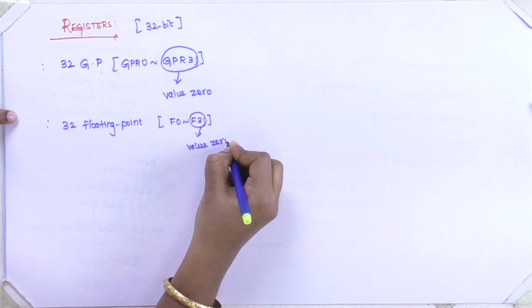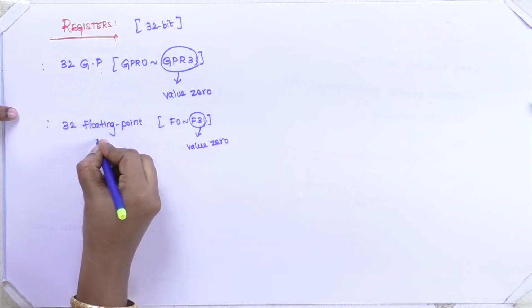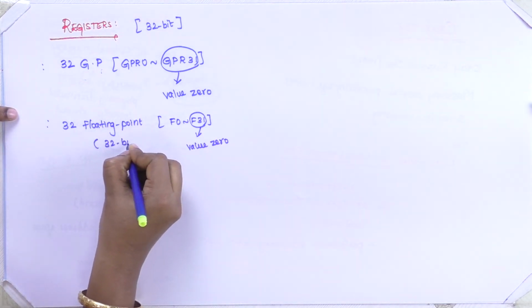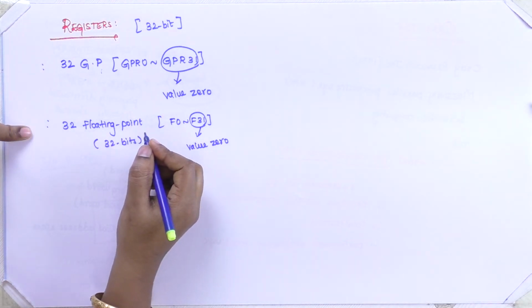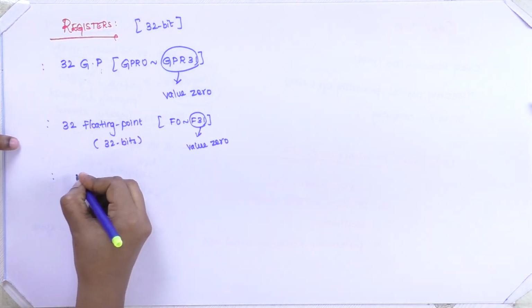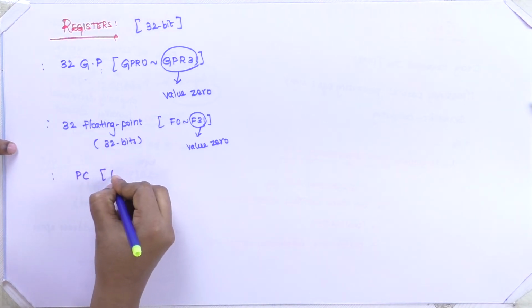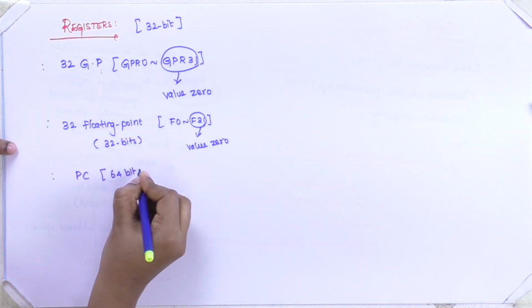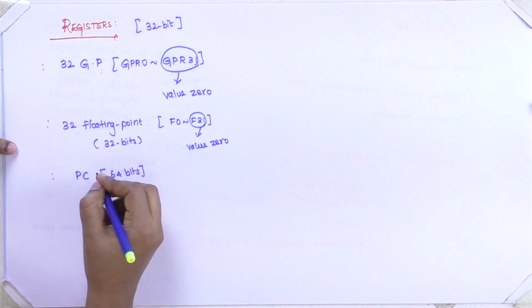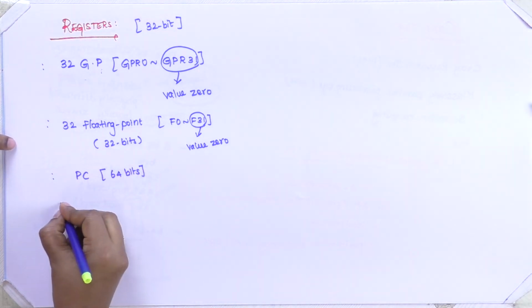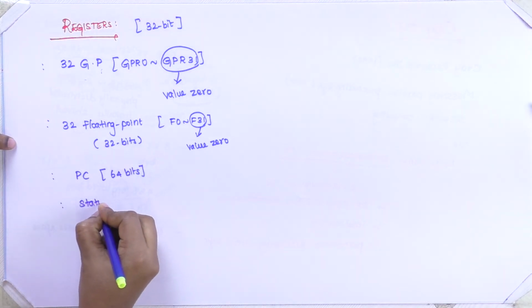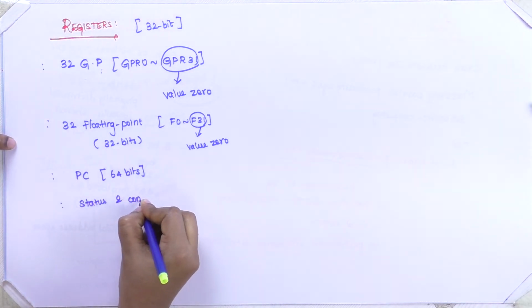These floating point registers are also 32 bits. Along with these, we also have a program counter register which is 64 bits. The program counter register stores the next instruction to be executed. Then we also have status and control registers.